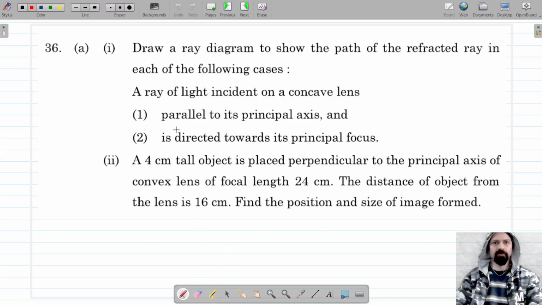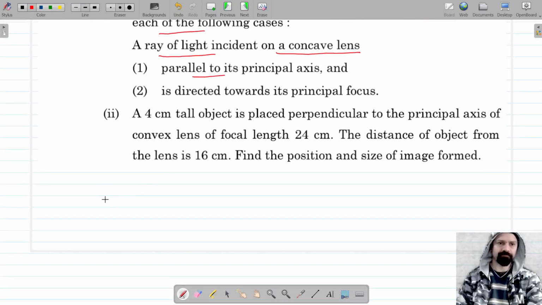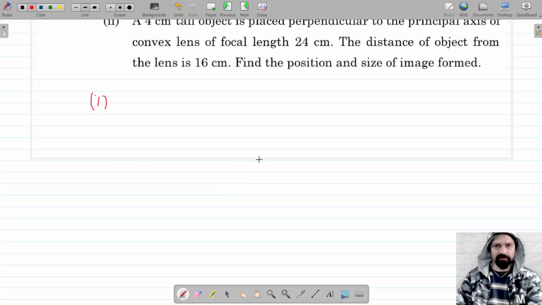For the next question, we have to draw a ray diagram to show the path of the refracted ray in each of the following cases. The first case is a ray of light incident on a concave lens and parallel to its principal axis. So for the first ray diagram, let's say this is the concave lens.